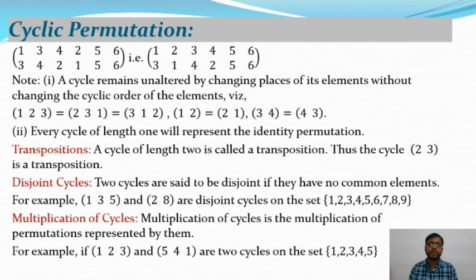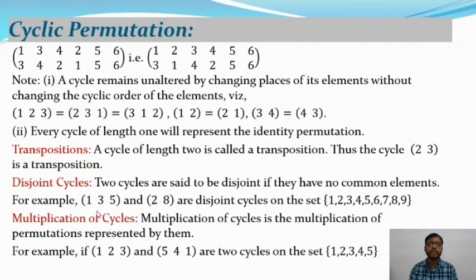After that we will talk about the transposition of cyclic permutations. A cycle of length 2 is called a transposition. So the cycles (2 3), (3 4), (1 2) are transpositions. And disjoint cycles: two cycles are said to be disjoint if they have no common element.